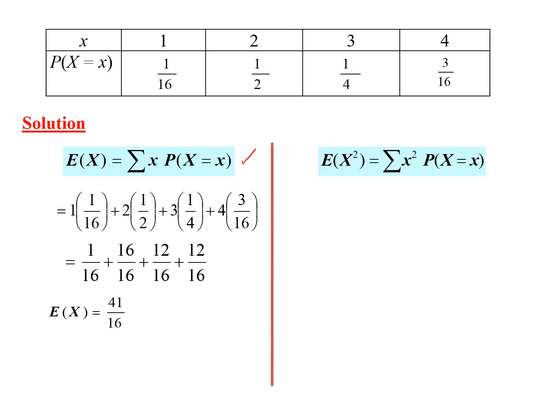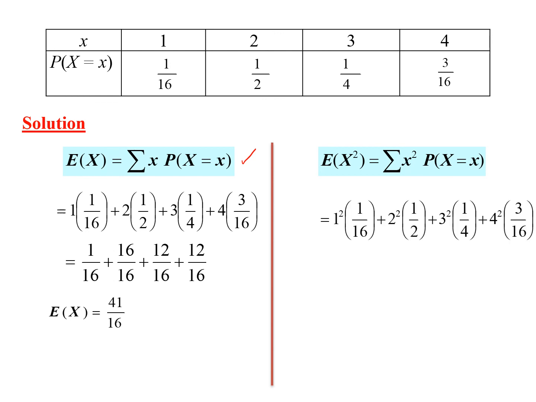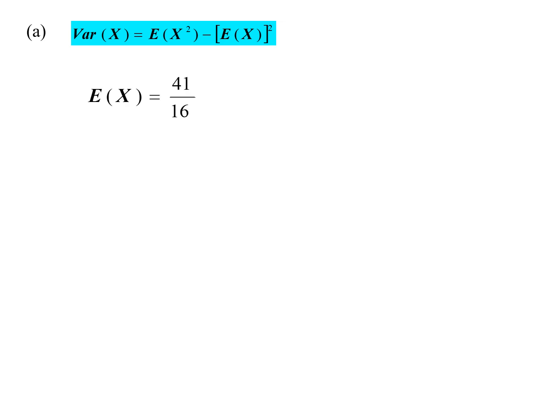Second step, we need to find out the E(X squared). So we need to take the x, we square it, then we multiply by the probability. The calculation will give us E(X squared) equal to 117 over 16. Then we apply the formula of the variance, which is E(X squared) minus (E(X)) squared.